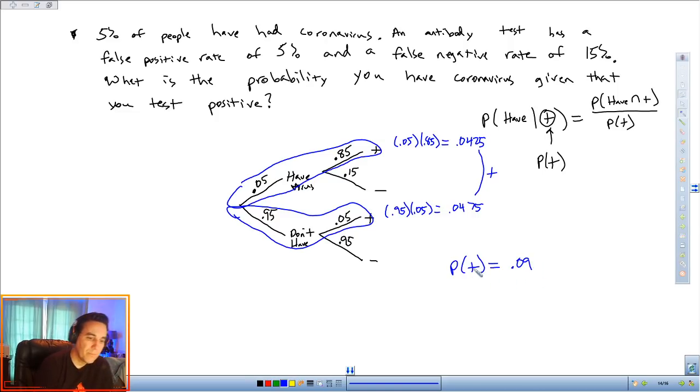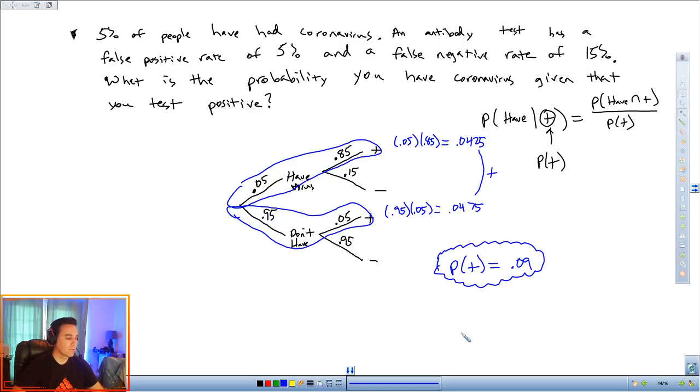So the probability of getting a positive test, just picking a random person off the street, is about a 9% chance that we get a person that has a positive test, just picking a random person out in society. Okay, now, what's the probability that you actually have coronavirus given that you got a positive? So, which one of these two branches actually had coronavirus? This one. So this is your group that actually had the coronavirus.